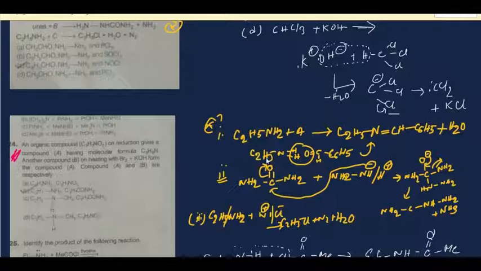C2H5NH2 reacts with benzaldehyde, then 2H and 1O are removed as water and this product forms. Elimination of water happens here, and this product is formed.